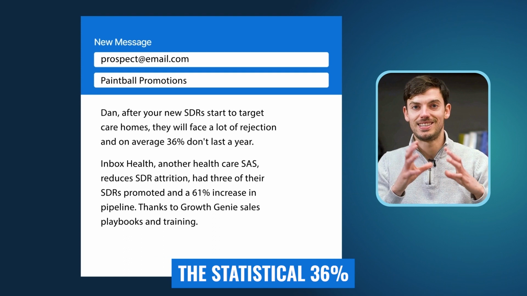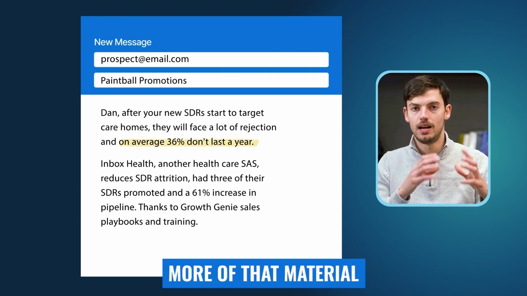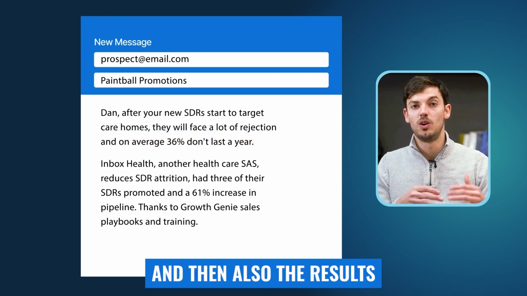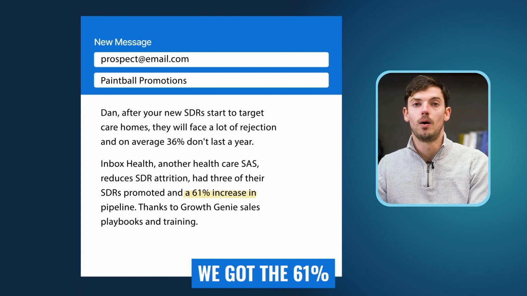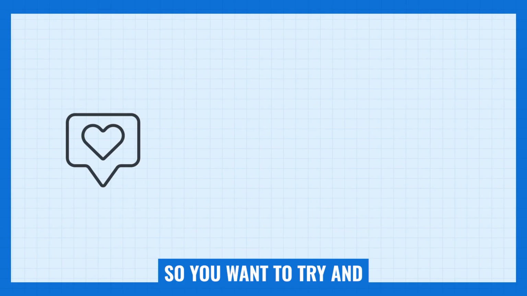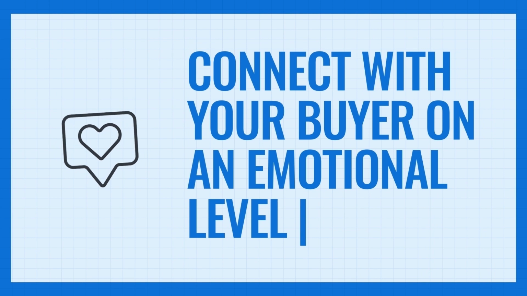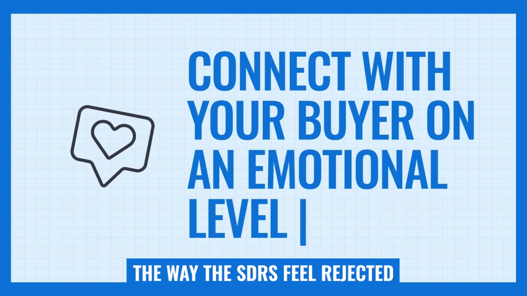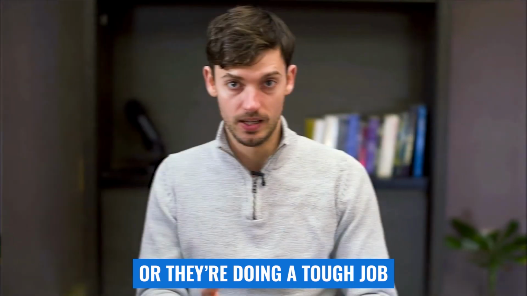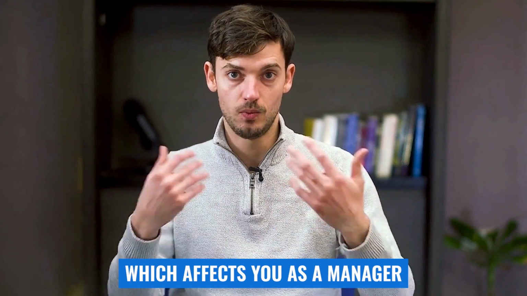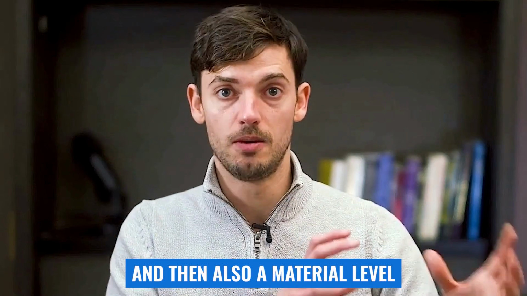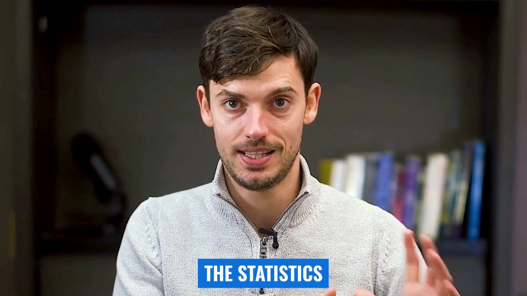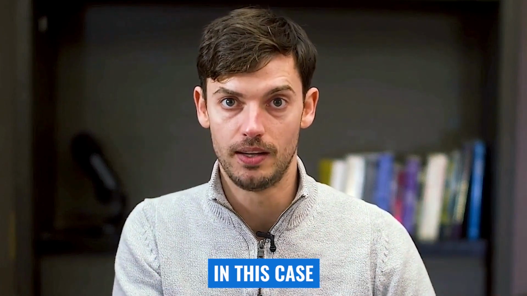But then there's also the statistical 36% more of that material. And then also the results we got, the 61% increase in pipeline. So you want to try and connect with your buyers on an emotional level, the way the SDRs feel rejected, or they're doing a tough job, they leave the company, which affects you as a manager. And then also at a material level, right? The statistics, the increase in pipeline in this case.